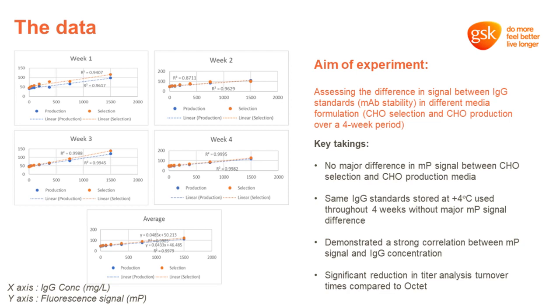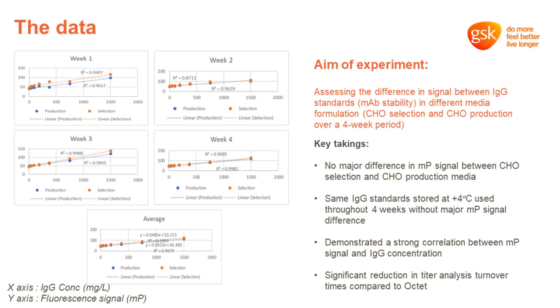So we've conducted experiments using the Valita titer where we measured the stability of our IgG standards diluted in 2 different types of Chinese hamster ovary media, and we observed that there wasn't any difference over the 4 weeks to the mP signal. IgG standards were prepared using a Tecan Fluent by another member of our team.